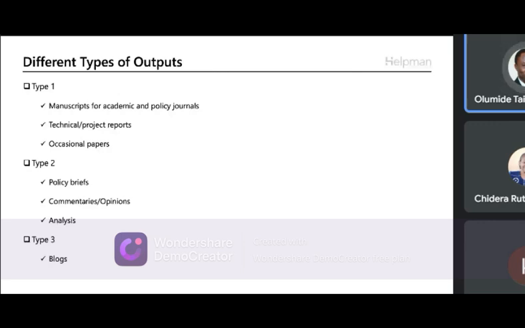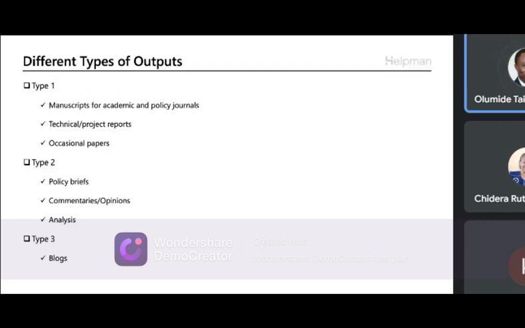The process of getting them through varies. But they have to be scientific, right? They have to be based on rigorous standard methodology, a rigorous standard approach to methodology. They have a structure that you need to follow in order to do good justice to the issues. So manuscripts for academic and policy journals, technical project reports, and occasional papers.